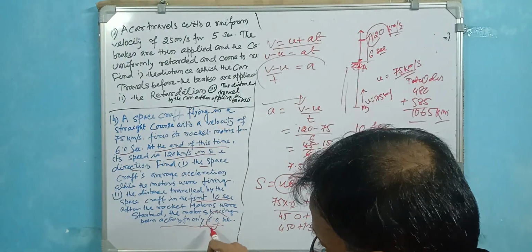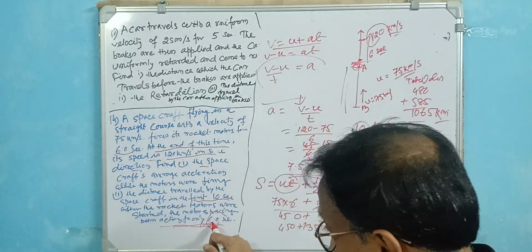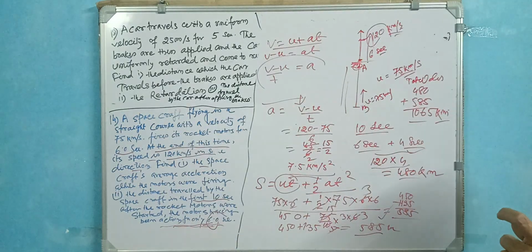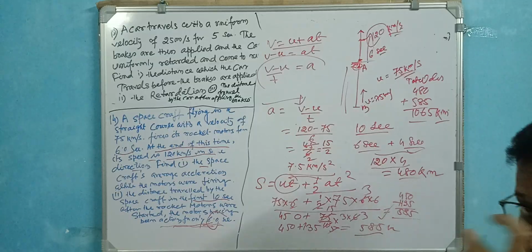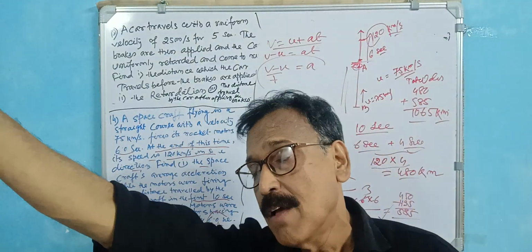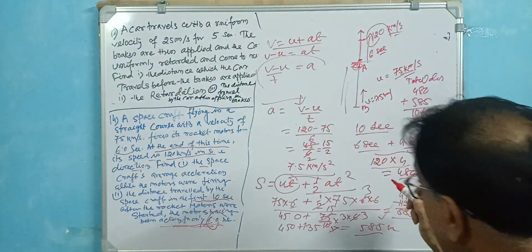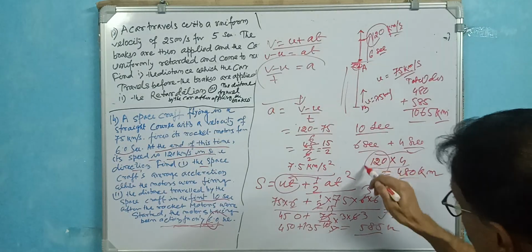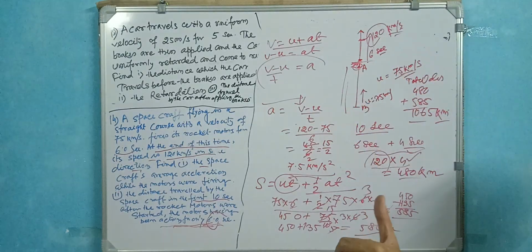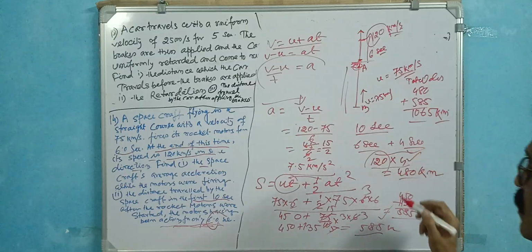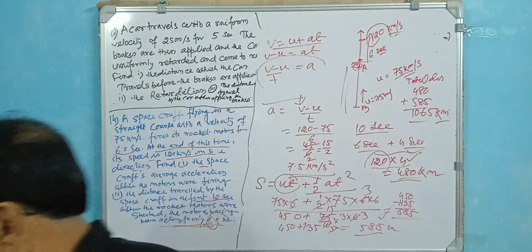The motor runs 10 seconds, but the acceleration is for 6 seconds. So 4 seconds is without acceleration, but the velocity is increased. For that reason, we take 120 into 4 because there is no acceleration, just S is equal to Vt.